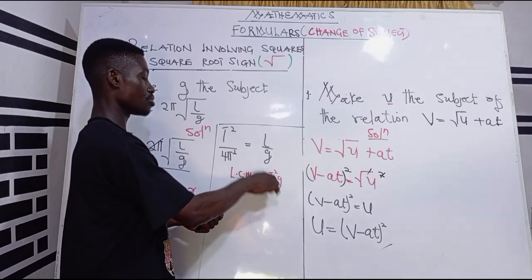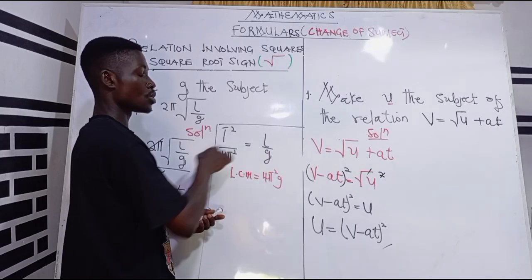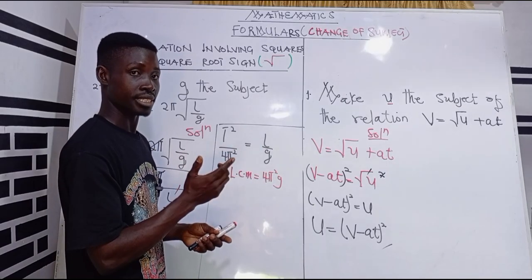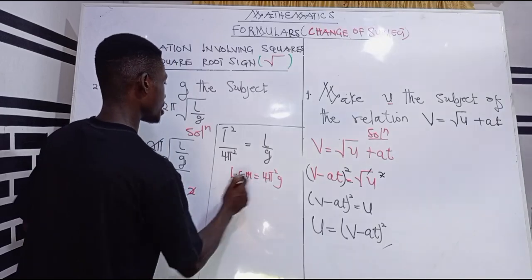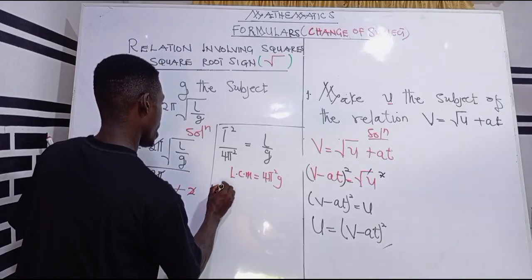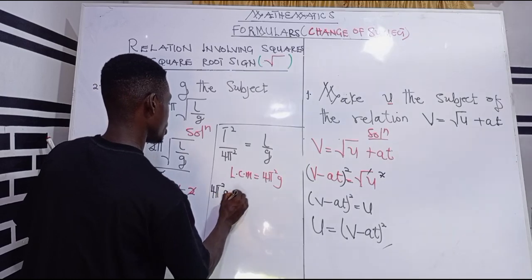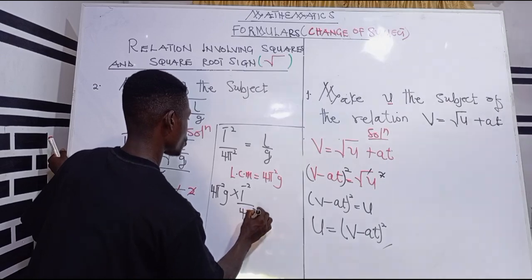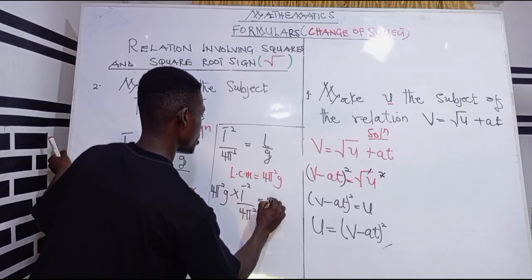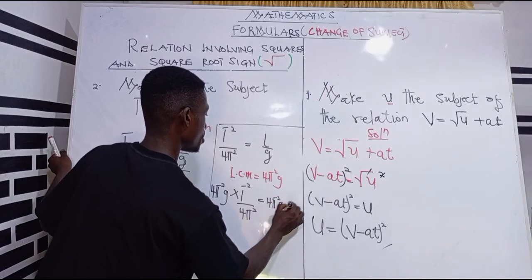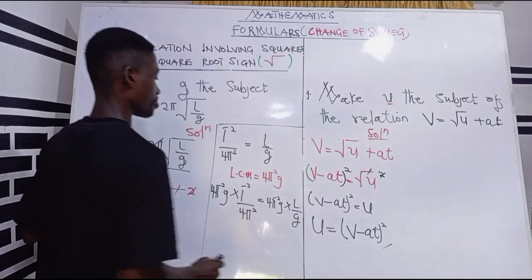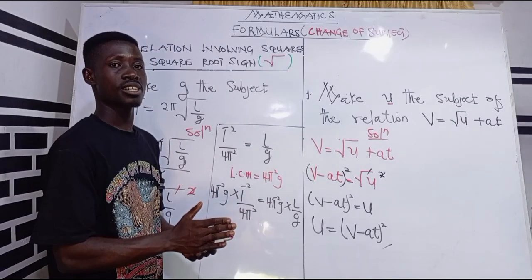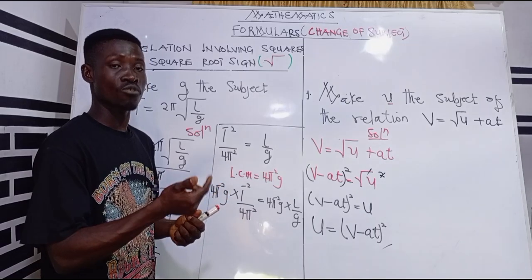We are going to use the LCM to multiply each term within the equation, or we are going to use the LCM to multiply both sides of the equation. Is that clear? Good. So we are going to get 4 pi squared G multiplying t squared all over 4 pi squared is equal to the LCM 4 pi squared G multiplying L all over G. Now our intention is to do away with the fraction so that the question will become very simple for us to solve.